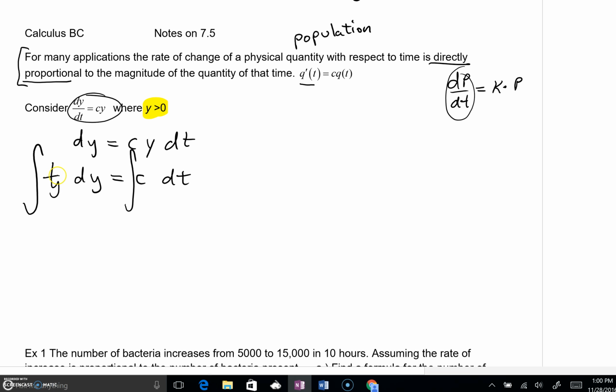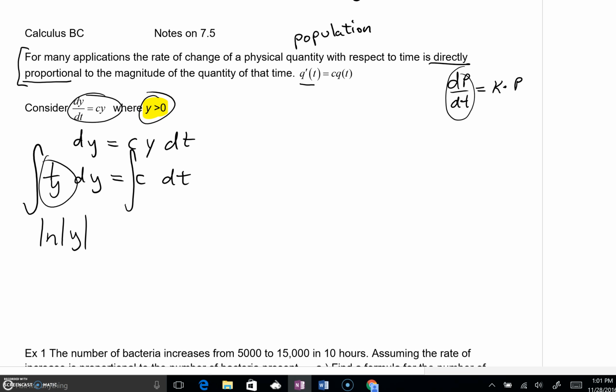Now, what's the integral of 1 over y dy? What do you think? Ooh, it's been a few days since we've been here. Antiderivative of 1 over y? Natural log of, now normally you'd say, well, shouldn't I put in the absolute value of y? Well, you could, but I even heard someone just mention that y is positive.